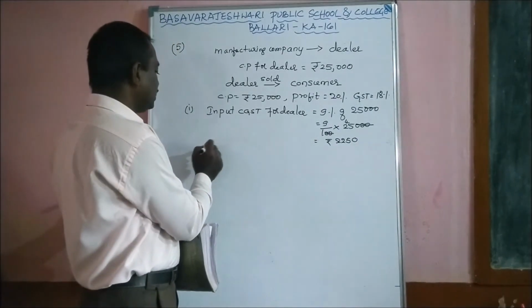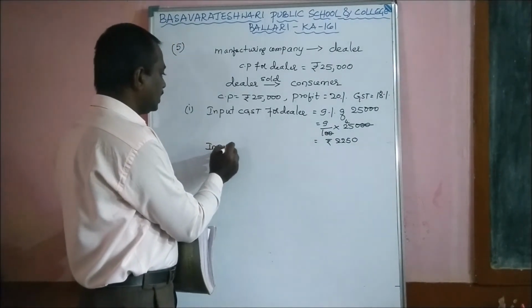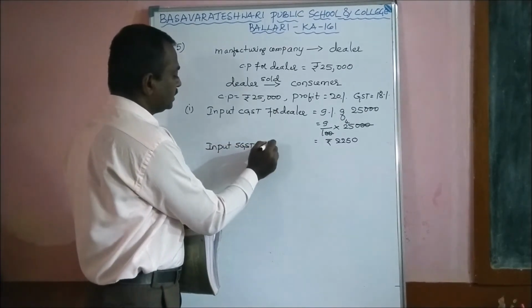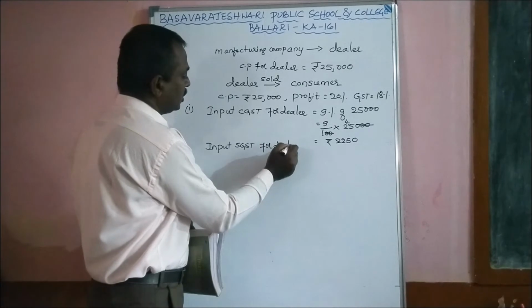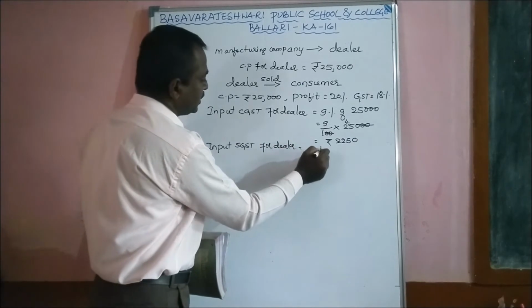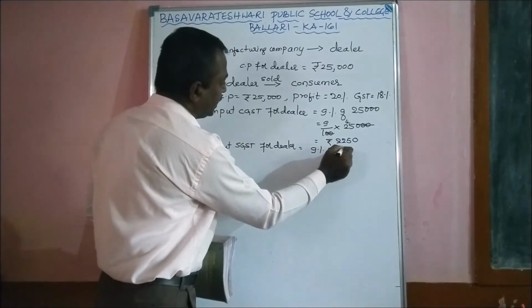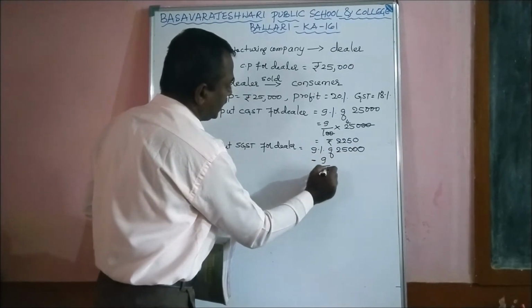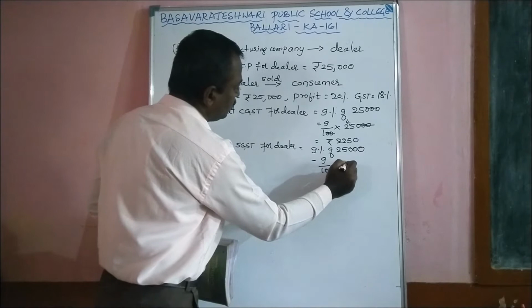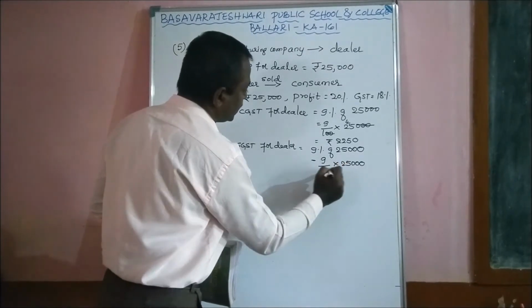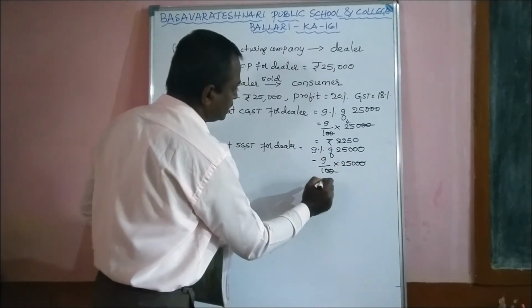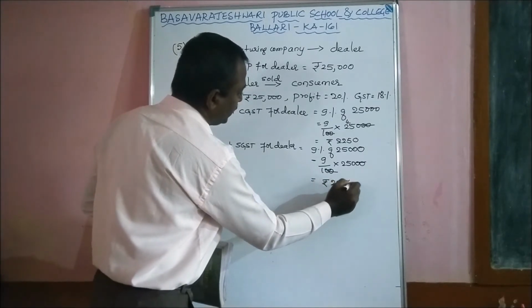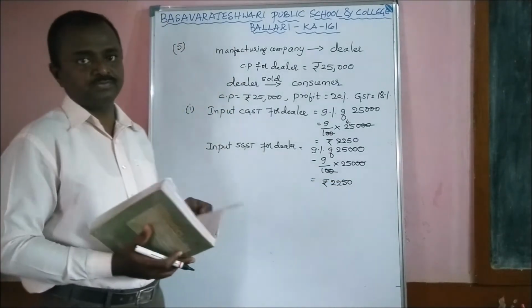Similarly, input SGST for dealer, same amount will be there. 9% of 25,000, 2 zeros cancel. Same amount, rupees 2,250. This is the first answer.